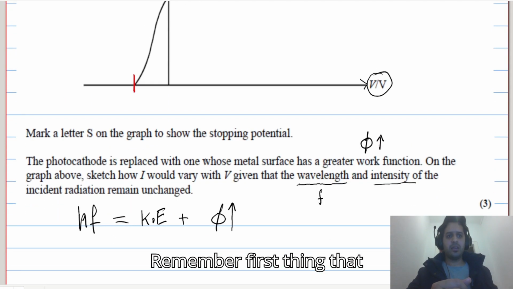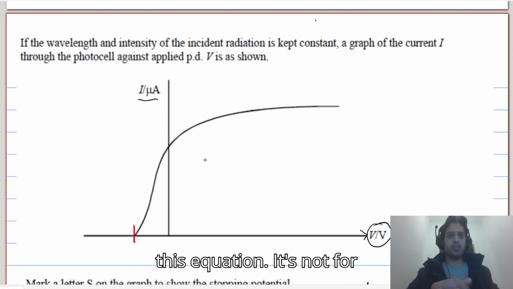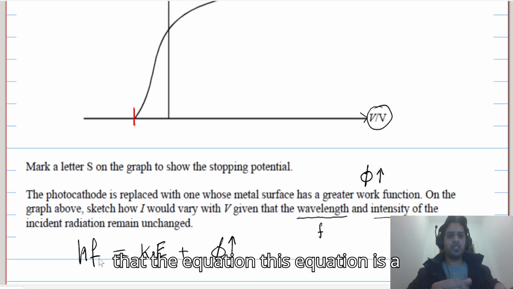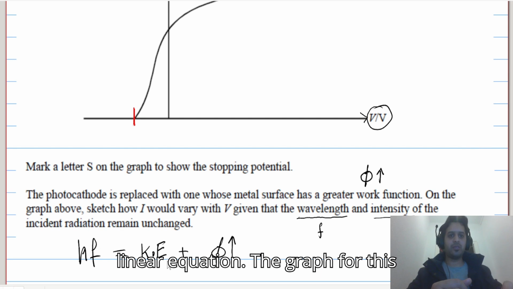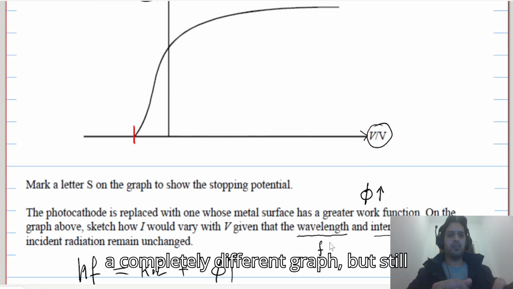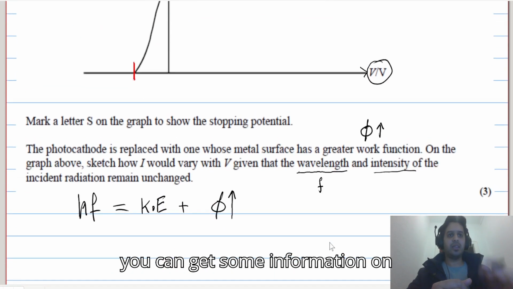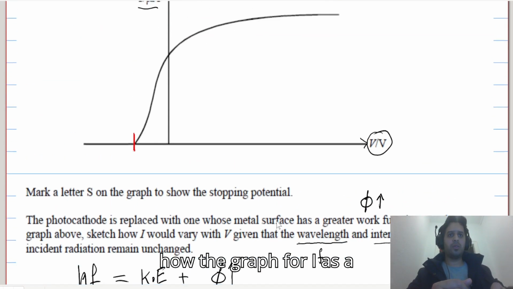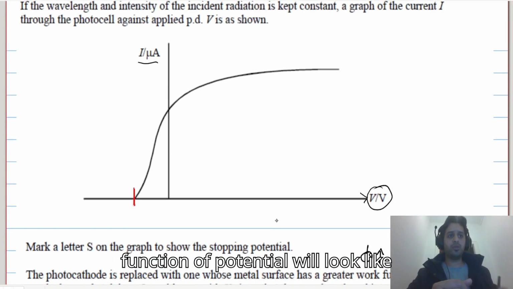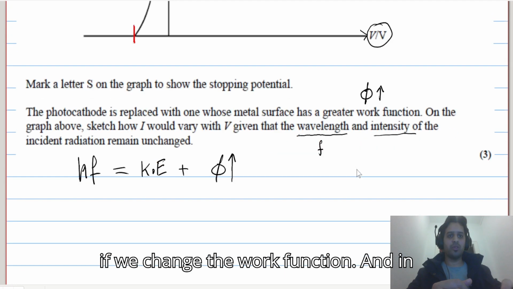Remember, first thing, that this equation is not for this graph, okay? I've already explained that this equation is a linear equation. The graph for this equation will be a straight line. This is a completely different graph, but still you can get some information on how the graph for I as a function of potential will look like if we change the work function.